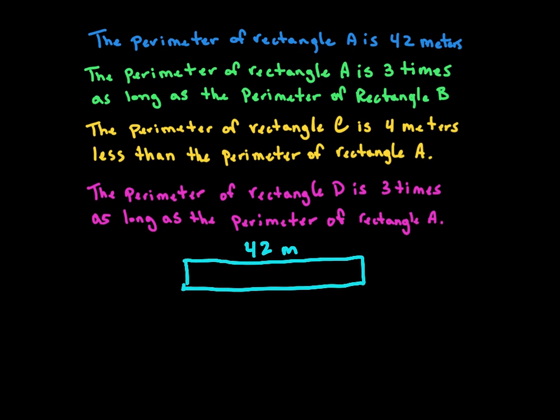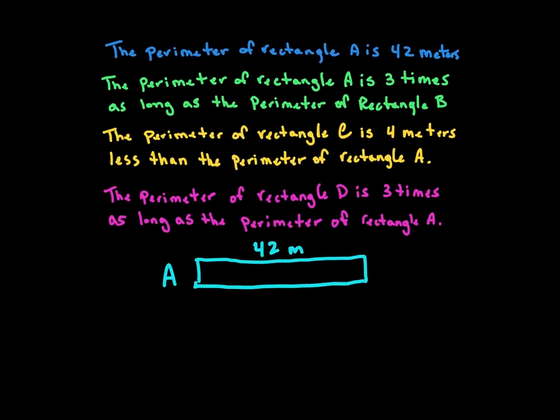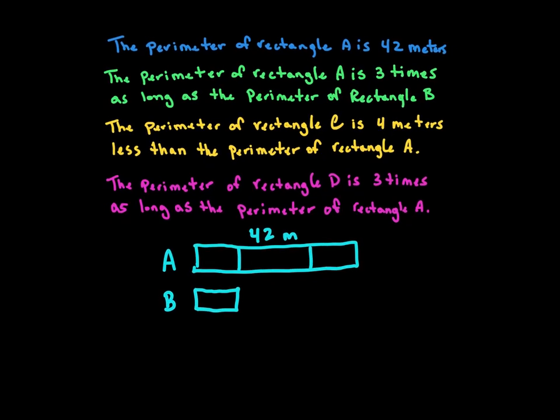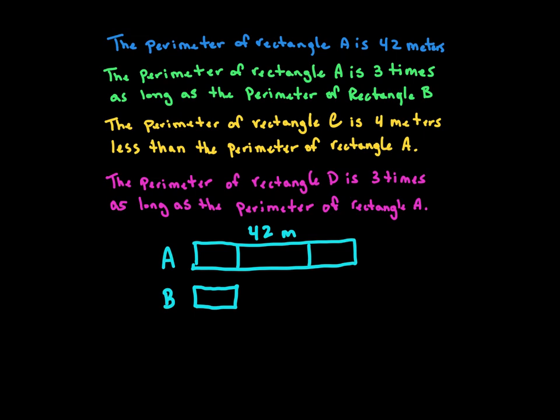So I'm sorry, wait, this is A. Now the perimeter of rectangle A is 3 times as long as the perimeter of rectangle B. So that means that A is bigger than B. And we're going to cut this up to show that it's 3 times as much as B. So B is only going to be one part of that because A is 3 times as big.